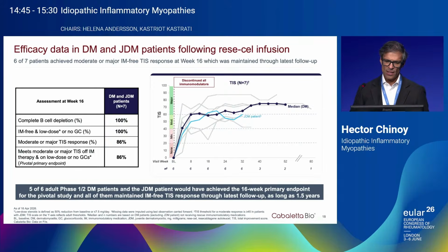So we can see there's more patients now that have been dosed, including a JDM patient, where we can see ongoing efficacy in the patients who have been followed up to and beyond the week 52 mark. And 86% of these patients would meet moderate or major TIS off IIM therapy on low dose or no glucocorticoids.